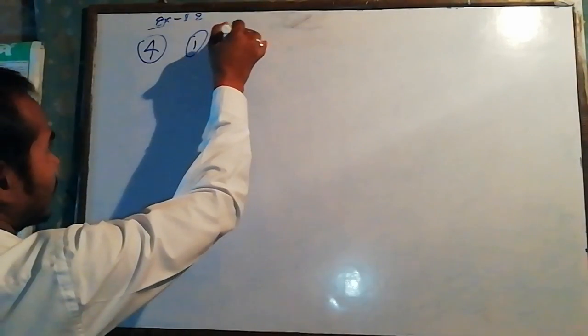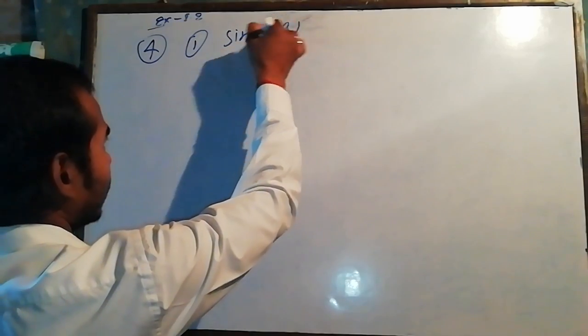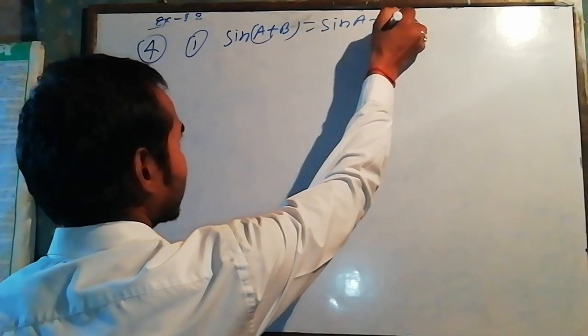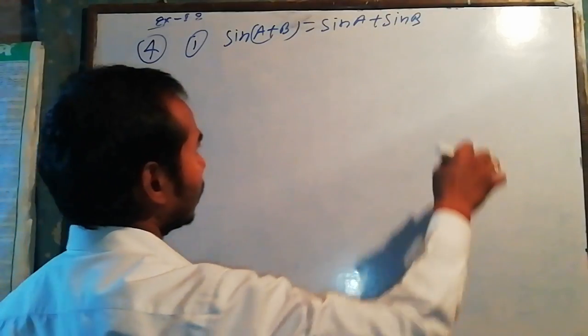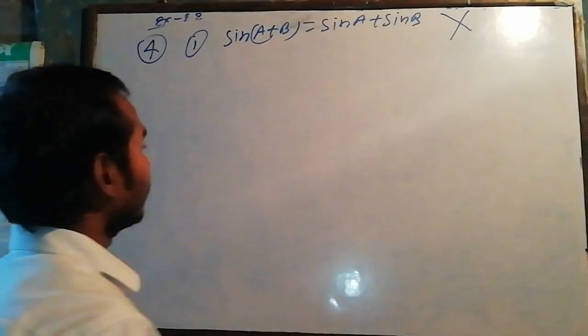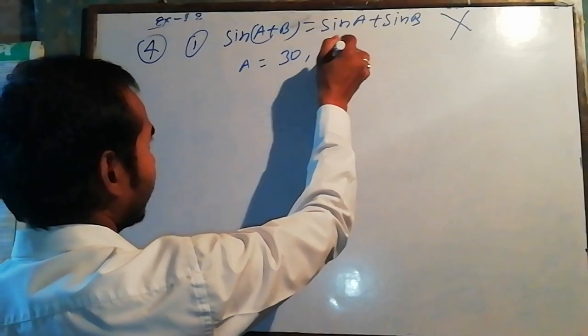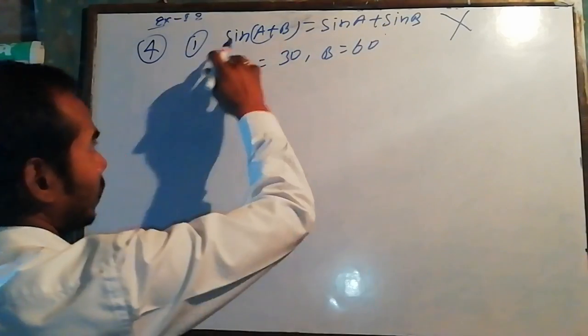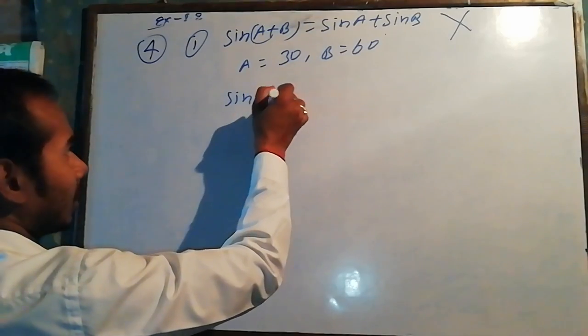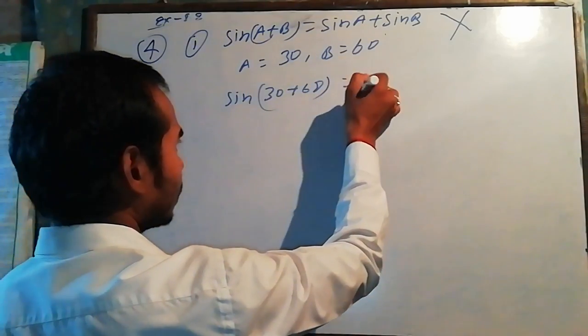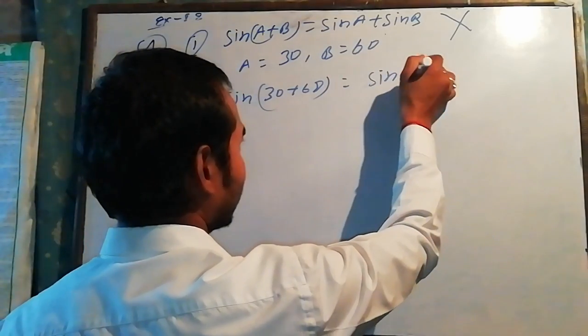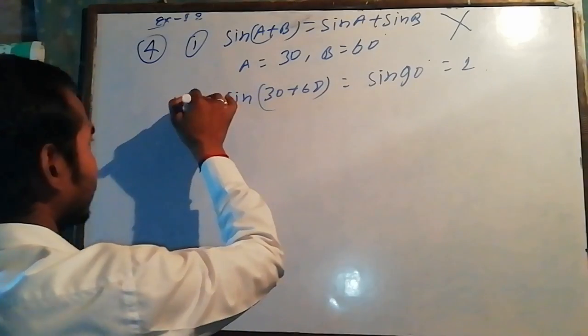Now we will go to question number 4, a true false question. In first, sin (A plus B) equals sin A plus sin B. No, it is not true, because if we check A equals 30 degree and B equals 60 degree and put in this value, sin (30 plus 60) equals sin 90, so its value is 1 in LHS.